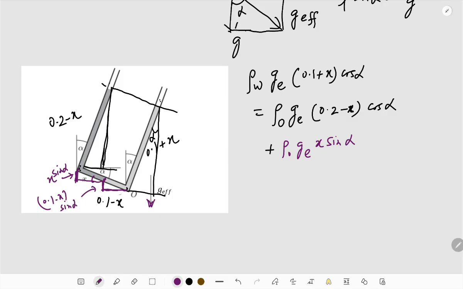Yeah, so I'm going to write one more thing to reach the pressure at point 2, and that will be rho water GE 0.1 minus x sine alpha.